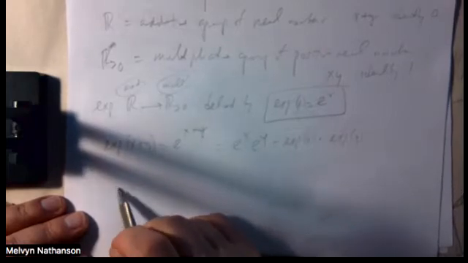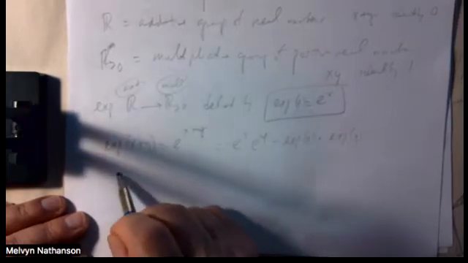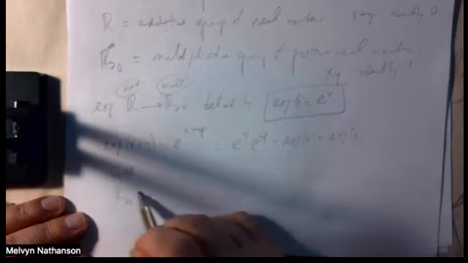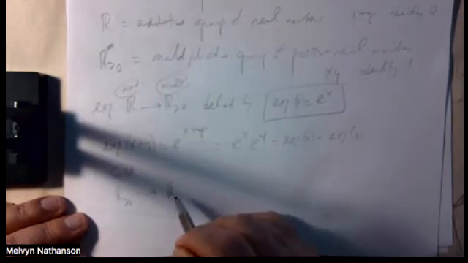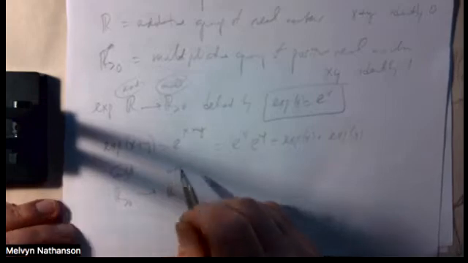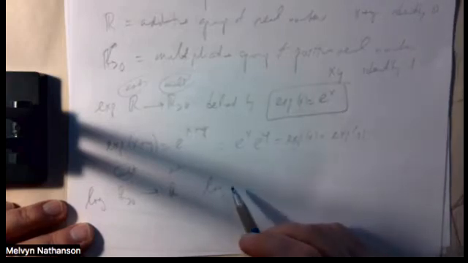And we also have a function that you know very well from the multiplicative group of positive reals to the additive group of all real numbers, which is the logarithm, the natural log, defined by log of x.